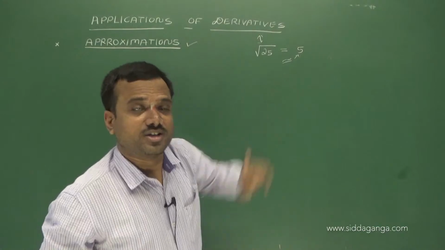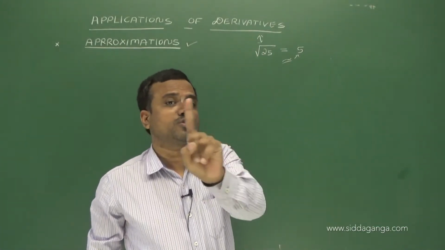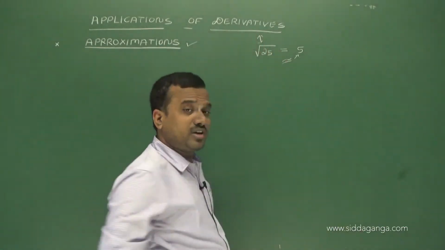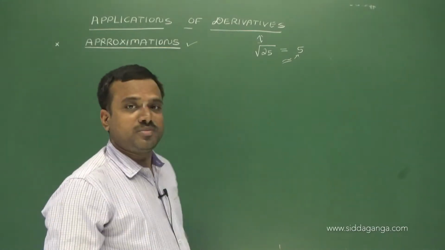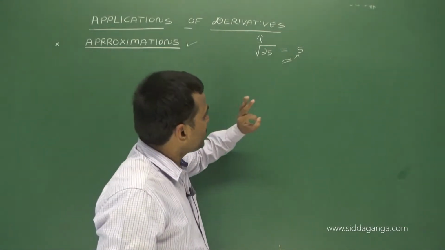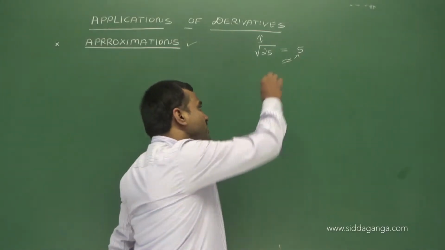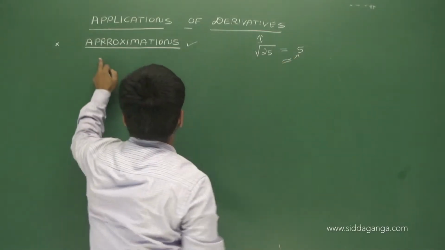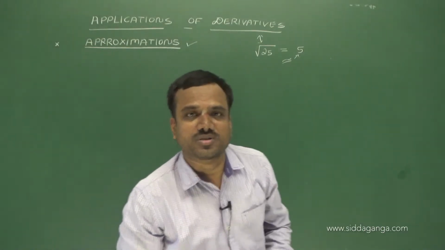Without using a calculator, we are finding the square root of 25 by using the derivative concept. We got not exactly that value, it is near to that value. That's why we call it approximation.